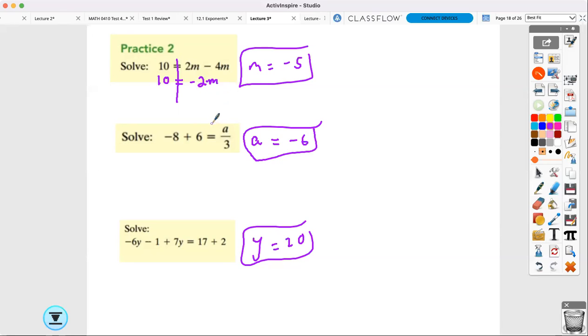Remember, operations have to be the opposite to move them around. What is the opposite of multiplying by -2? Divide. And what we do to one side, we do to the other. So the -2's cancel out, bring down the m, and 10 divided by -2 is -5. And we're done.